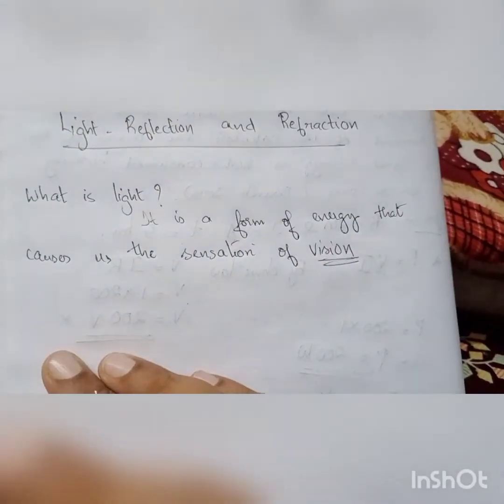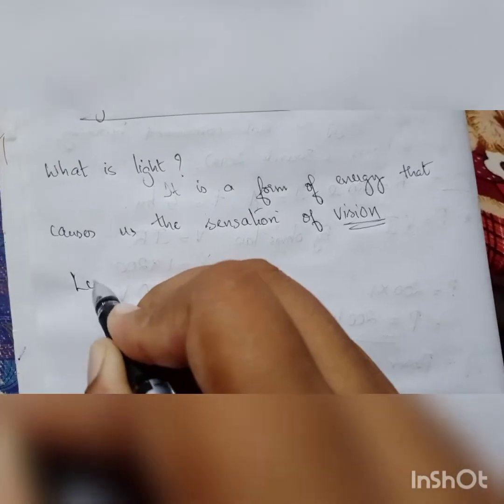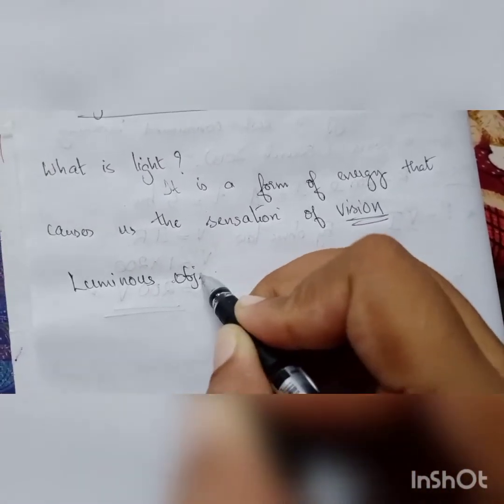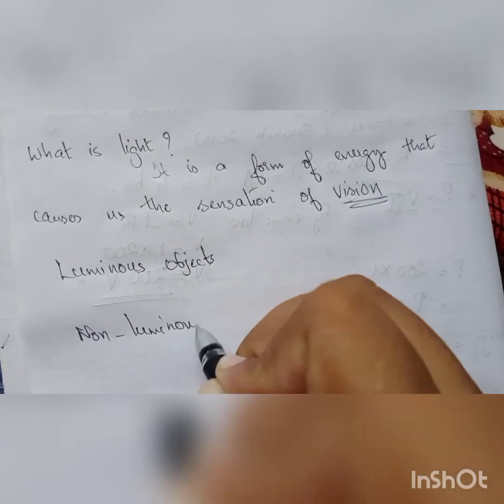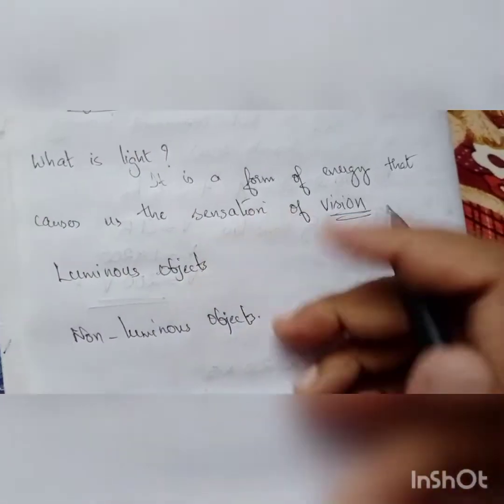We have already studied in the lower classes that we have two classifications of objects based on the property of light. They are called luminous objects and non-luminous objects. So let us have an intro about it.